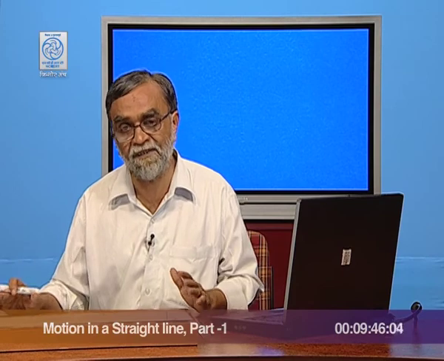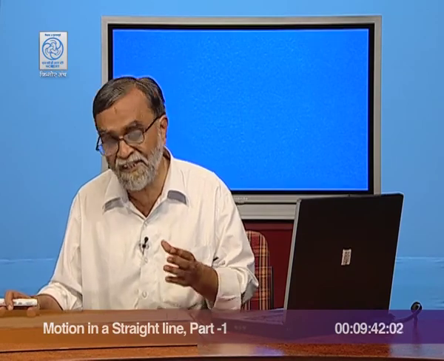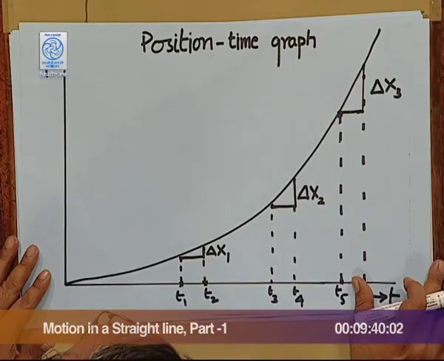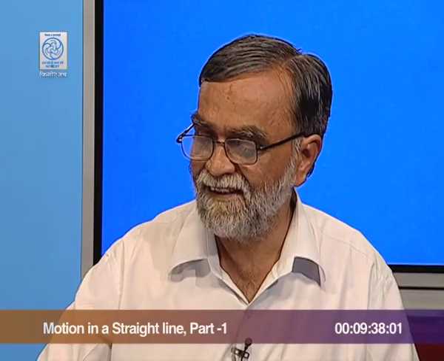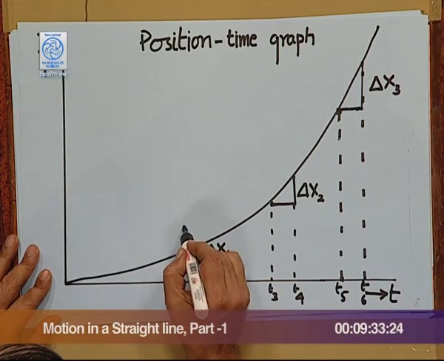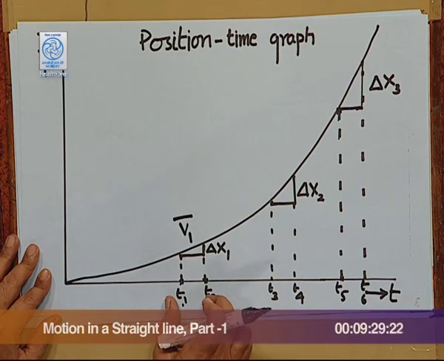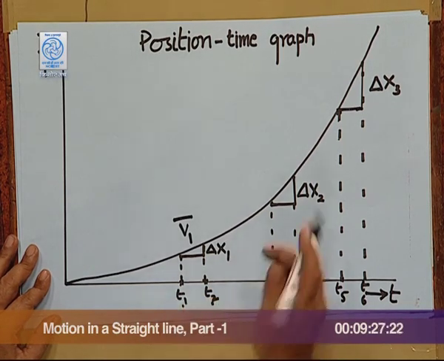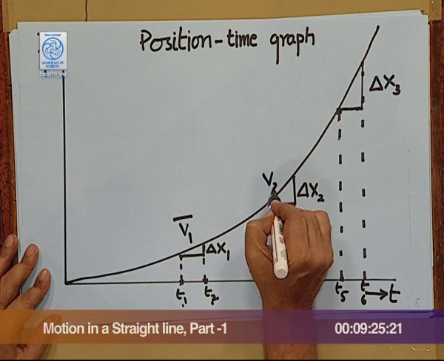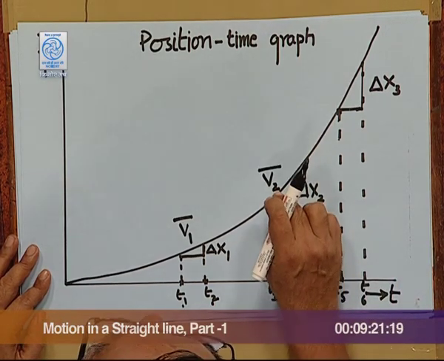In the same time intervals, note from this graph that the time intervals are same, but the displacement in each of these intervals are different. What we mean here is the average velocity in the interval t1 to t2, which I write as v1 bar, and average velocity in the interval t3 t4, which I have represented as v2.